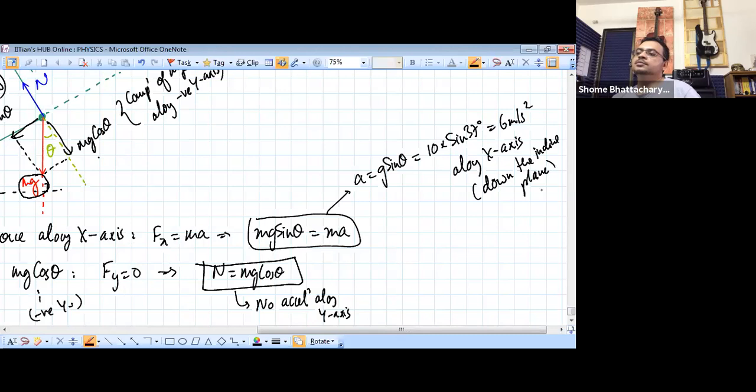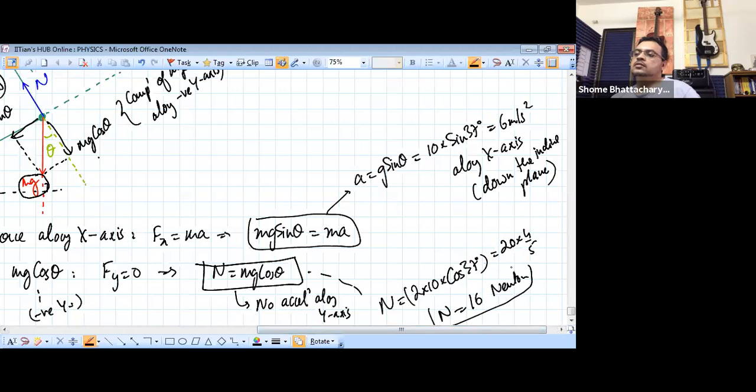So down the inclined plane, there's an acceleration of 6 meters per second square. And this is also telling me that the normal reaction will become 2 into 10 into cos 37. So that is 20 into 4 by 5, so we have 16 newtons. So that will be the normal reaction, and this will be the acceleration.